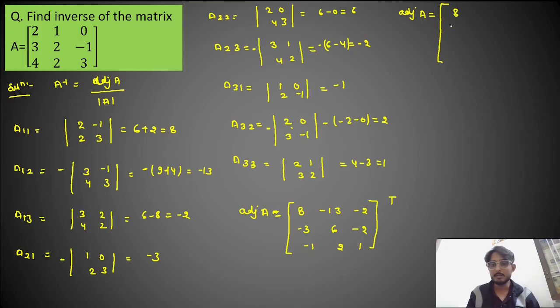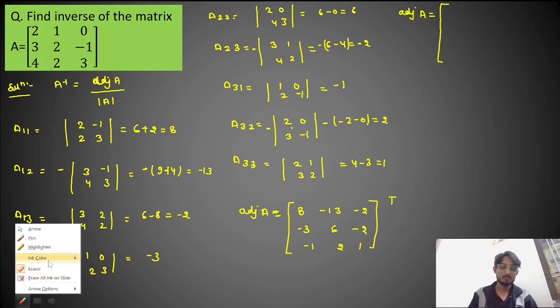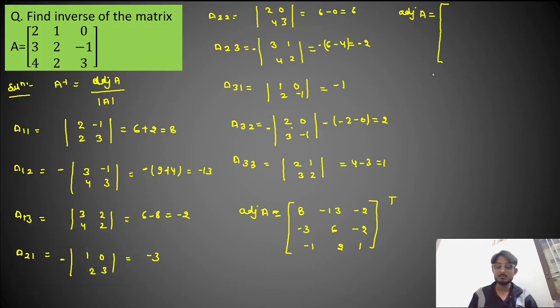So 8, minus 13, minus 2, this row will be changed into a column. 8, minus 13, minus 2, minus 3, 6, minus 2, minus 1, 2 and 1. Okay, this is the adjoint of A.